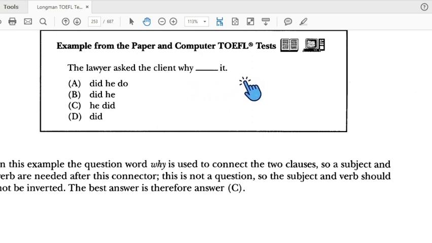So it's a statement, not a question. It means that we have to put subject and verb here. This is verb and subject, this is verb and subject, this is only a verb. So the answer is C, why he did it. The lawyer asked the client why he did it.